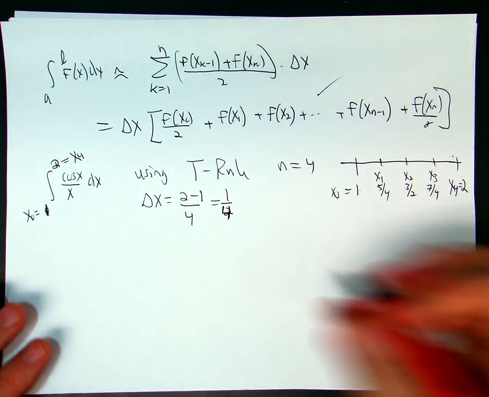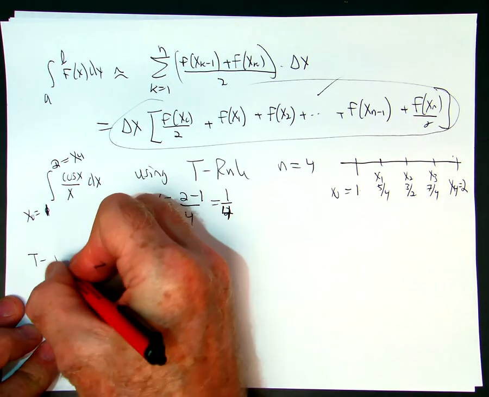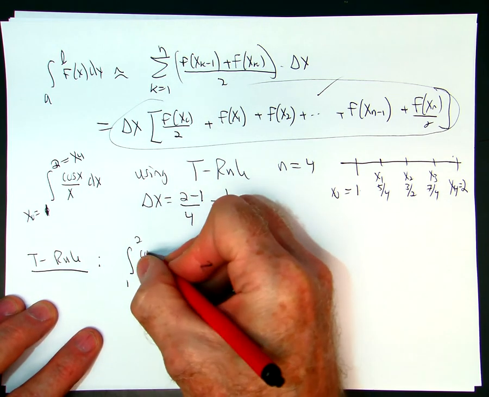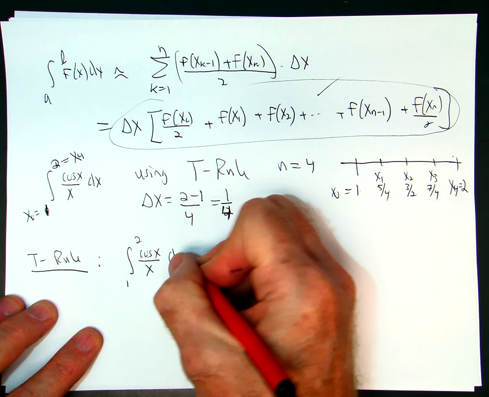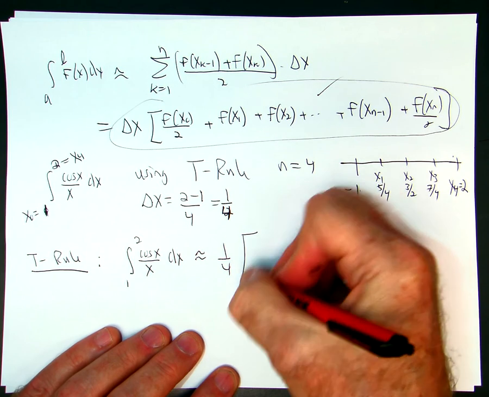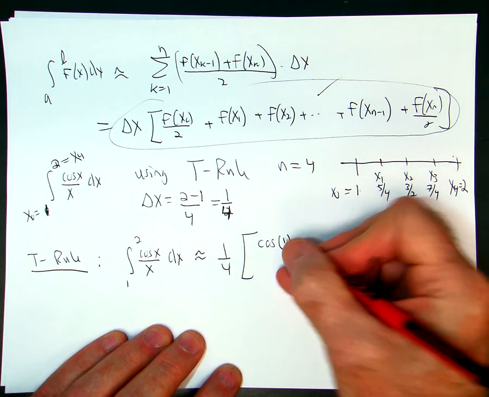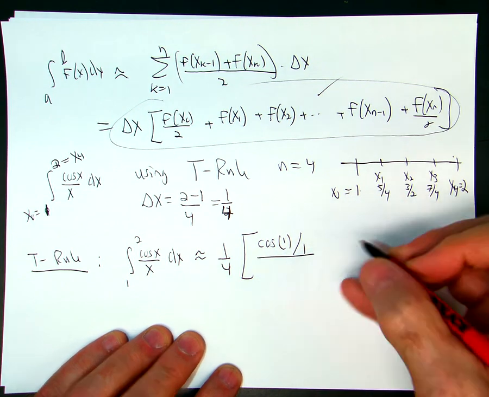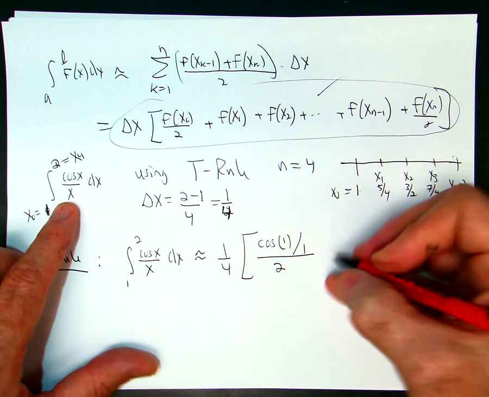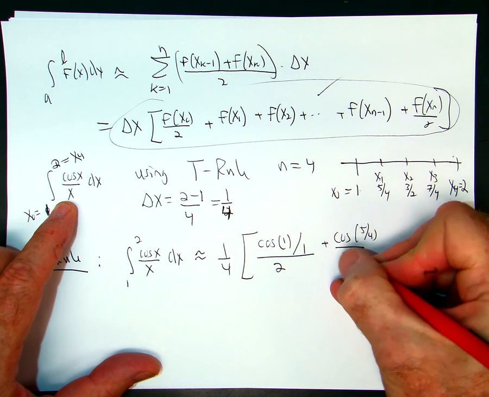Okay. And so what I'm going to do is use this version of it. So I'm going to say that my trapezoid rule approximation of this integral from 1 to 2 of cos x over x dx is approximated by delta x times f of x0 over 2, so that's going to be cosine x0 over 1, over 2. f of x1 over here, so cosine x1 over 5/4.